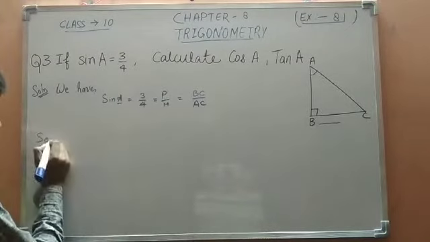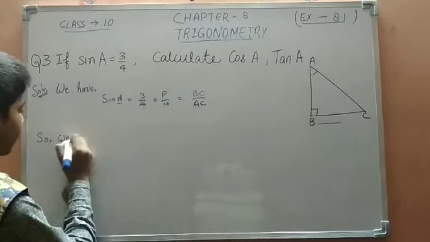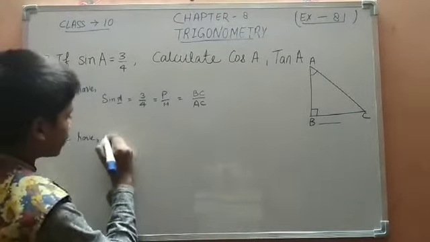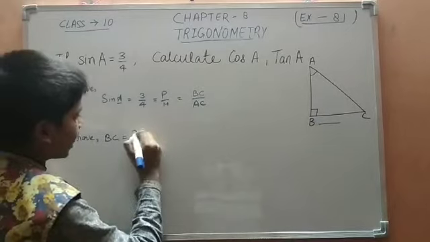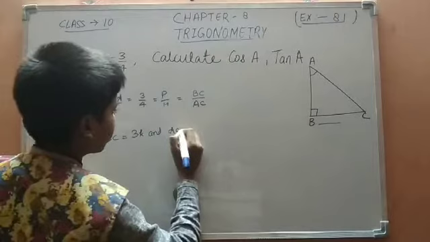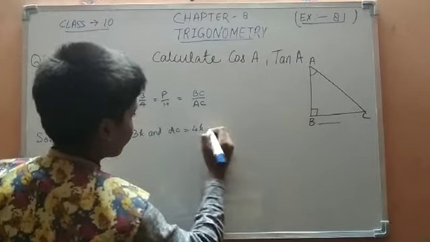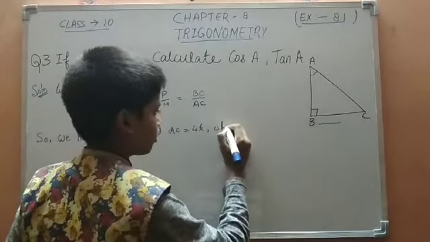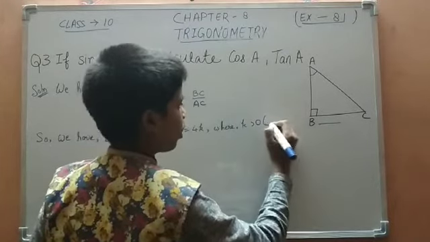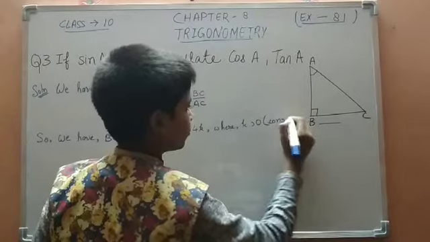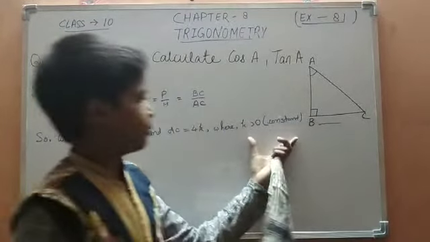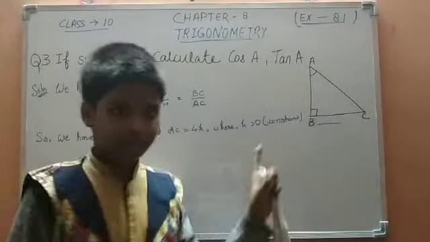So we have BC is equal to 3k and AC is equal to 4k, where k is greater than 0. It means that k is a positive number and it is a constant.